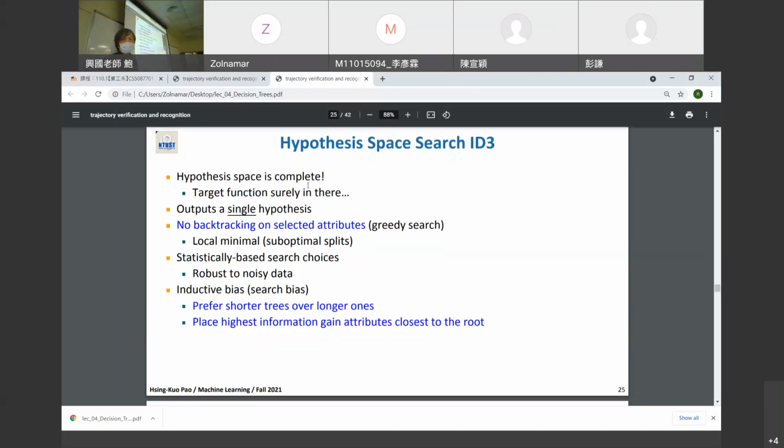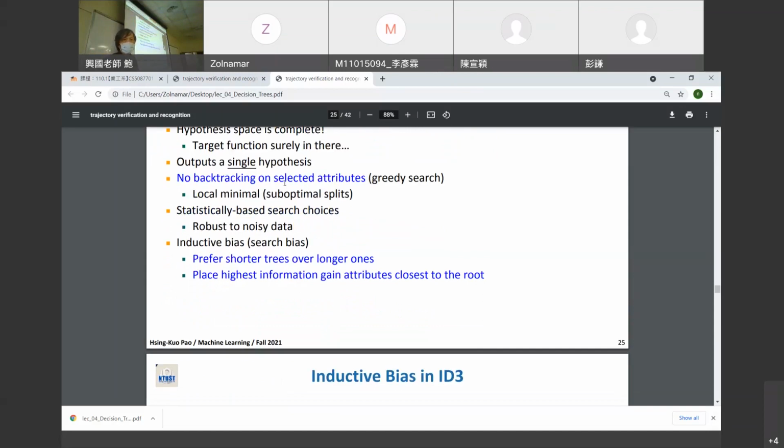Of course, we will talk about its robustness to noisy data compared to, let's say, before, for the rectangle. We don't really talk about noisy data, I mean, how to deal with noisy data, right?